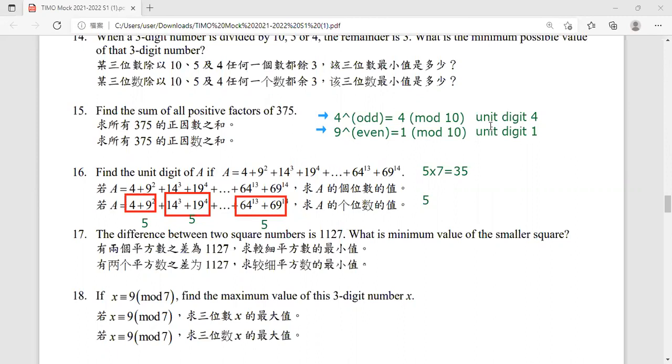So we have a 4 here, and a 1 here, adding up to 5. And we have also a 4 here and a 1 here, adding up to 5 again. Now we have 7 sets of these, so the last digit will be 5 times 7, which is 35. Which means the last digit will be 5.